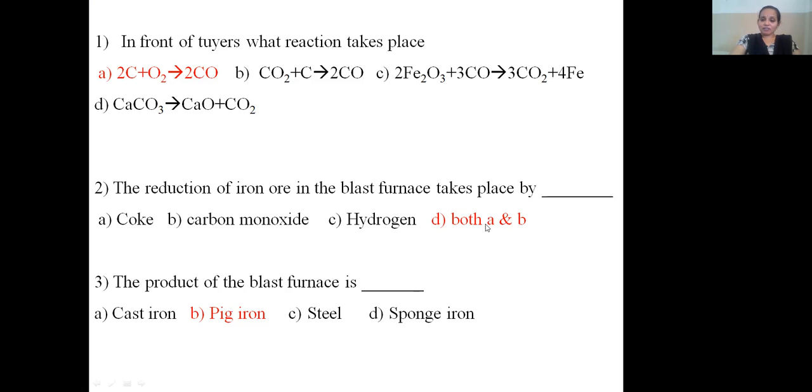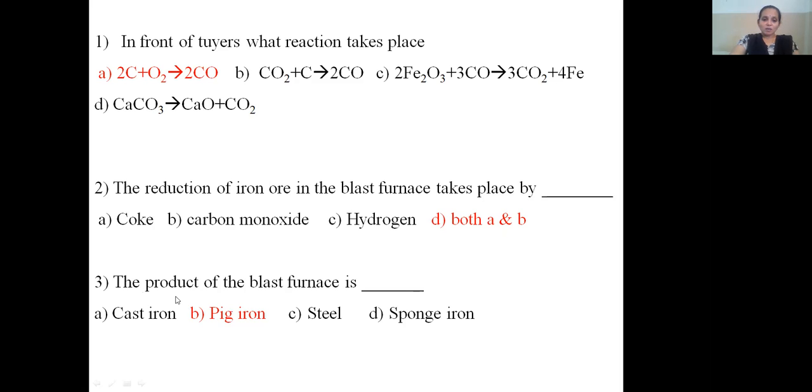But here we are given the answer as both A and B. With hydrogen also iron oxide is reduced to iron because of the process of humidification, as we call it. In the winter season, the air that we inject into the blast furnace may contain some percentage of moisture. The moisture may react to form hydrogen. That hydrogen also acts as a reducing agent in some cases. That is called the process of humidification.